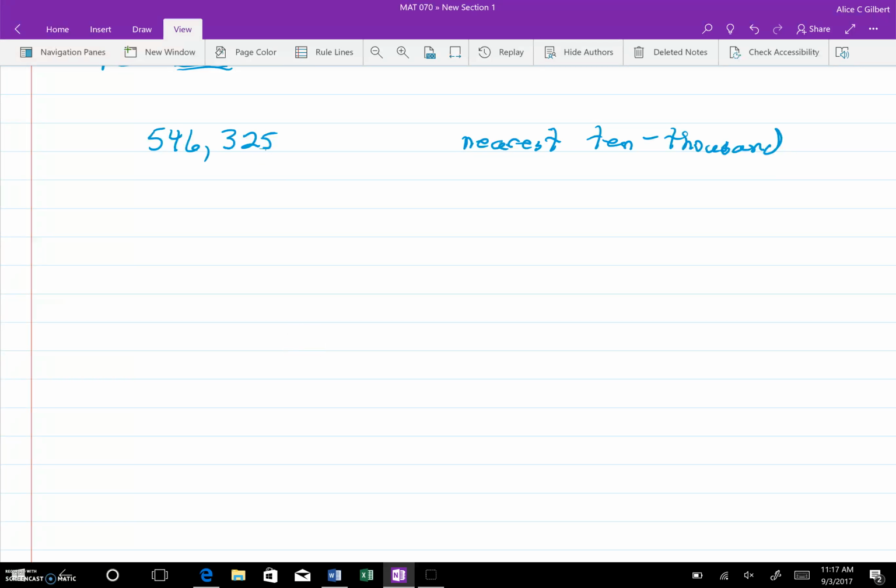So this is ones, tens, hundreds, thousands, 10,000s. Okay? So everything behind that is going to be zeros. And if I had decimals, then we just throw them away. Okay? But I still need to look at this guy. Well, he is greater than 5, so I add 1. And so 4 plus 1 is 5. And this is my rounded number.